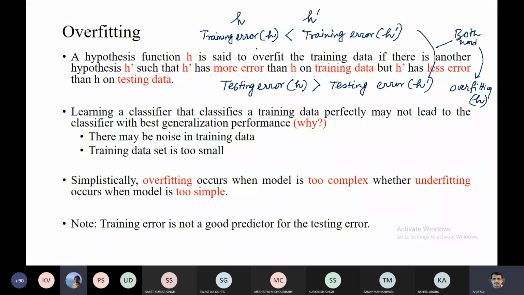There may be noise in the training data, and the training data set may be too small. That is a very practical suggestion when you are going to design a deep learning model. Nowadays nobody designs an SVM or something similar; most of the time everybody goes for deep learning.